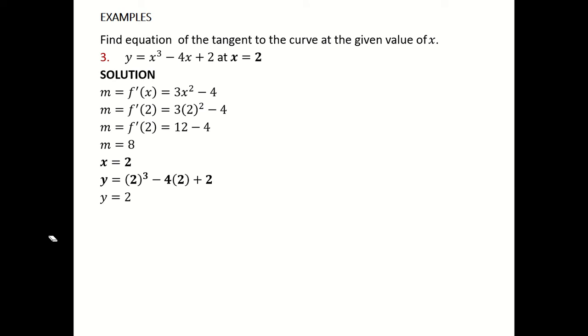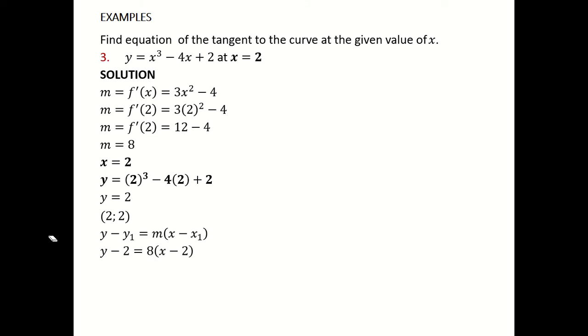Write the straight line formula. You do have y1 is 2, m is 8, and x1 is 2. Substitute into the straight line formula. This is what you're going to get.